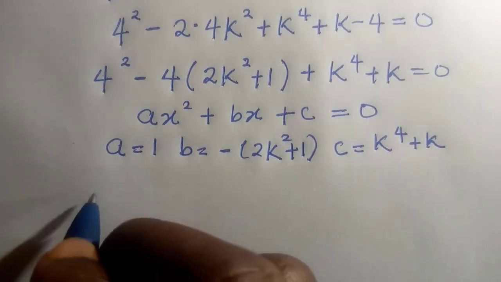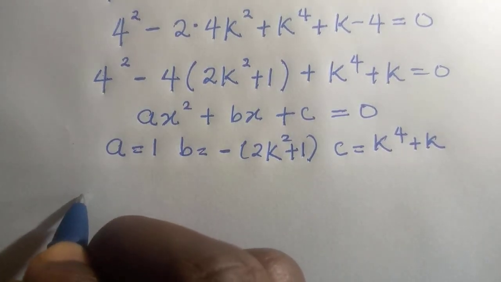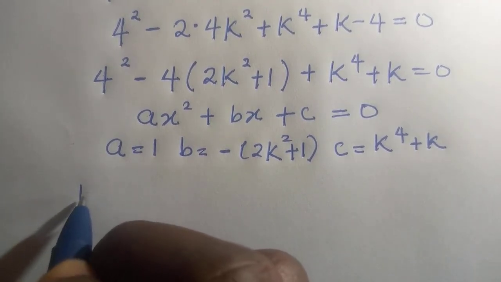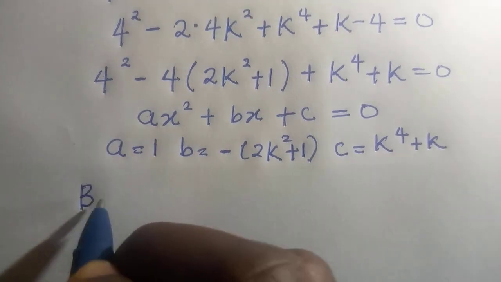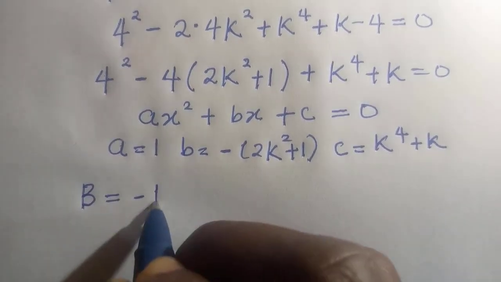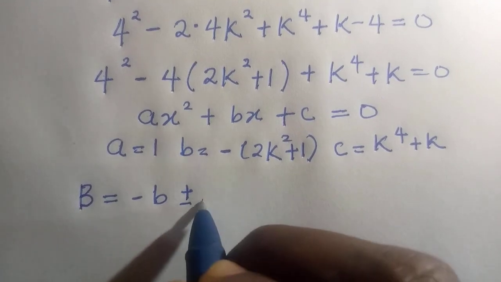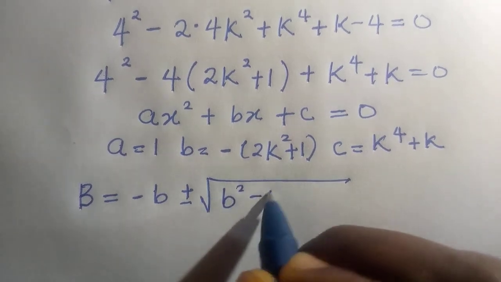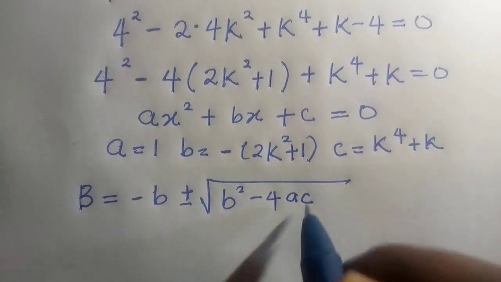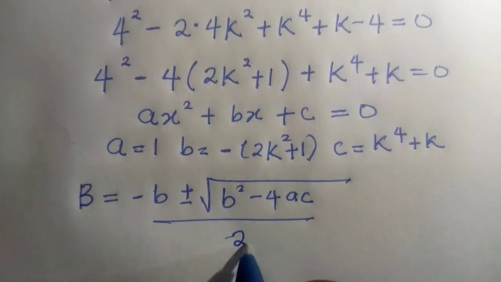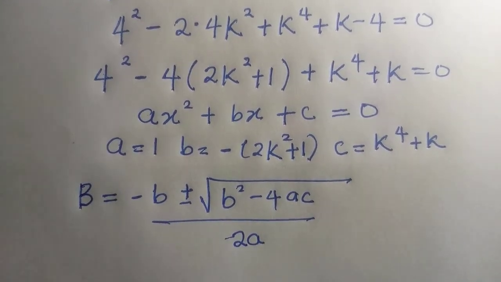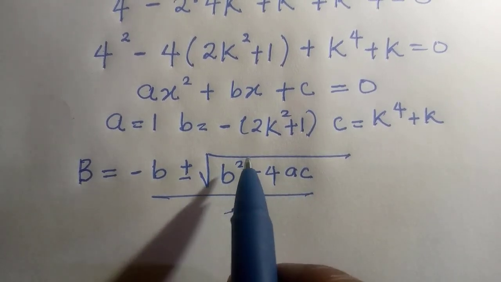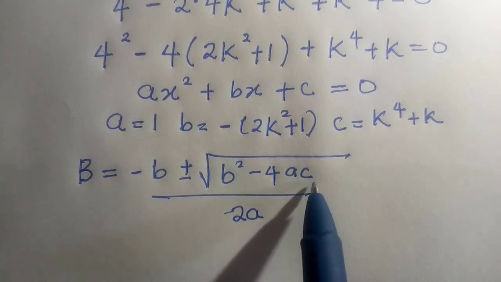When we apply the quadratic formula, we are looking for 4, and the formula is, suppose I take capital B equals minus b plus or minus the square root of b² - 4ac, divided by 2a. Here is the standard formula we are going to apply. Let's deal with this first. We know our b, our a, and our c.